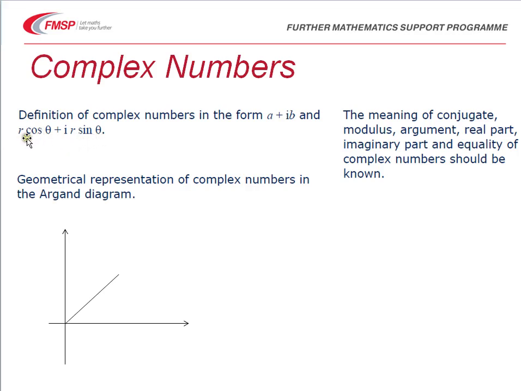This is the idea of the modulus r, so the modulus of the complex number is equal to r. We usually refer to complex numbers as z, so mod z is r, and the argument of z, or arg z, is equal to theta. This is sometimes referred to as the modulus and argument form of the number.